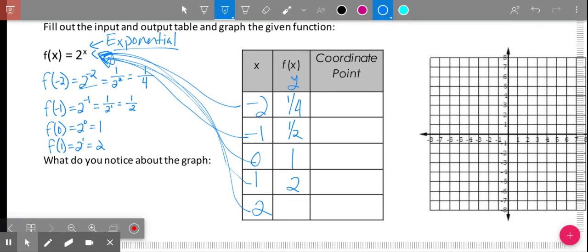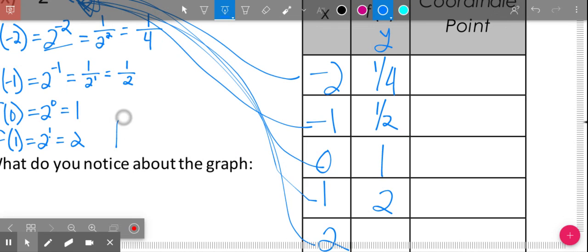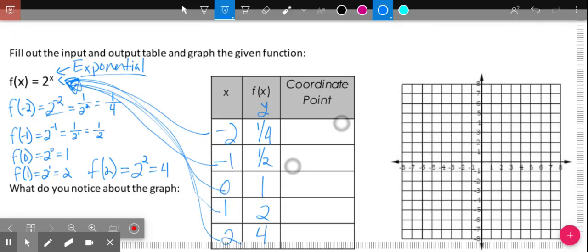All right. And then the next part says, and can have all real numbers as outputs too. Remember, our outputs are our range. It's also our y values. So that means all real numbers.